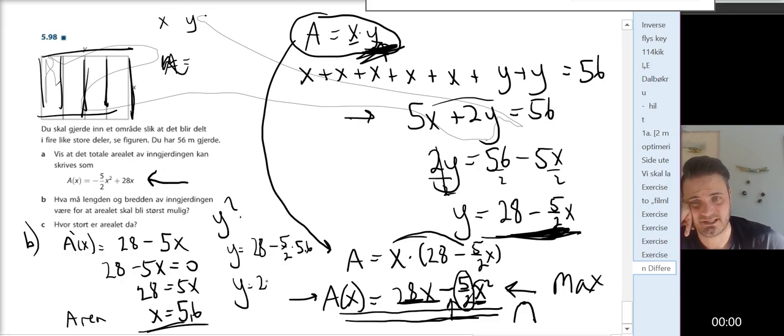So y equals 28 minus, with a calculator, 2.8 times 5, which will be 14. So y equals 14. So x must be 5.6 and y must be 14.